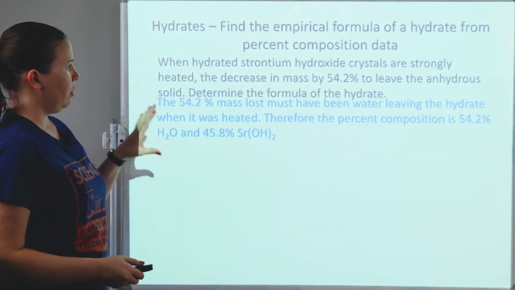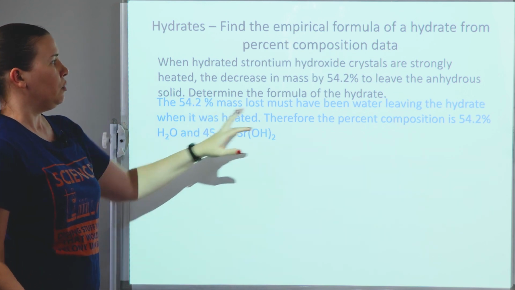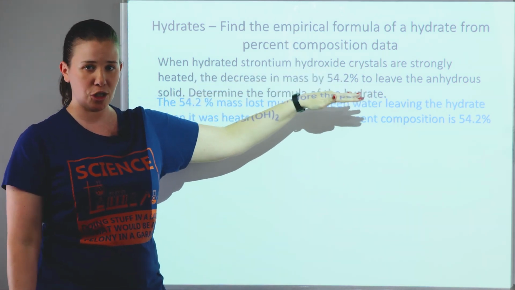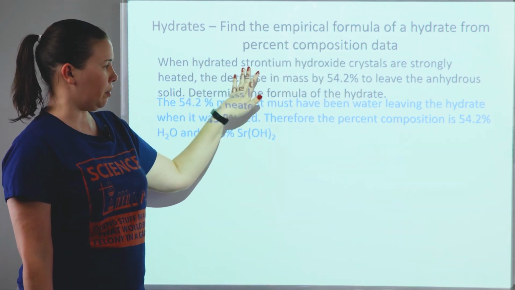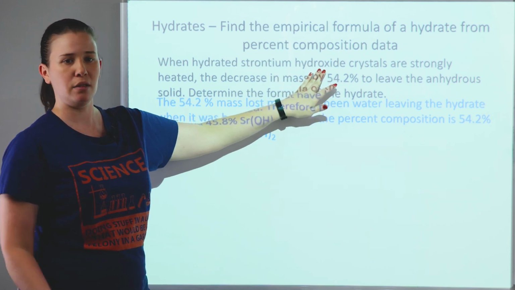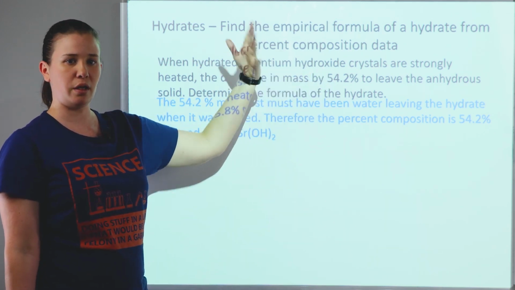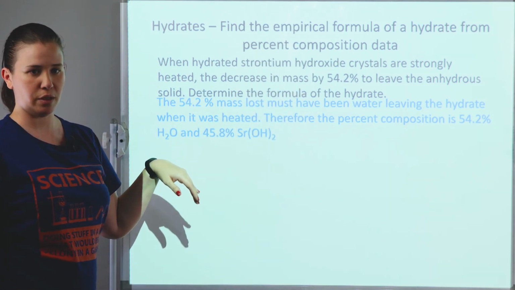So we had first to understand the percentages, which was a little bit of a complication on this one. When it says the mass is decreased by 54%, in a dehydration, that mass loss will always be water. So we're removing the hydrated part to get the strontium hydroxide alone. Then you can find the difference from the water and the 100% of the compound to get how much of the strontium hydroxide would be left.